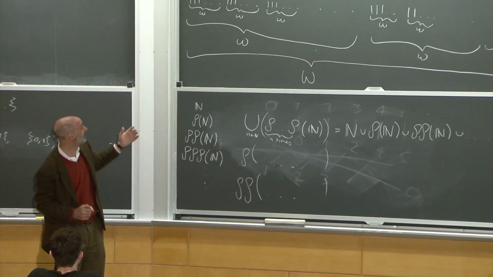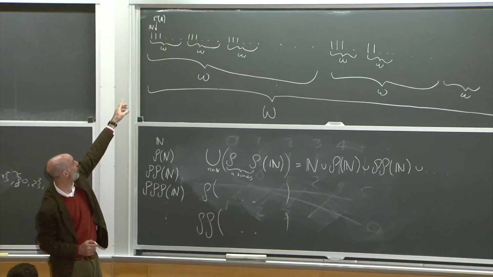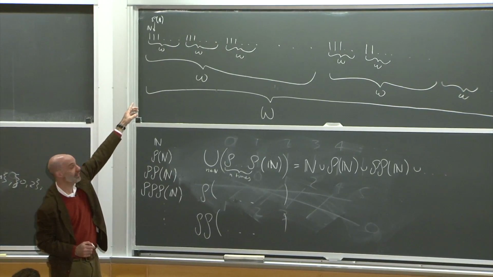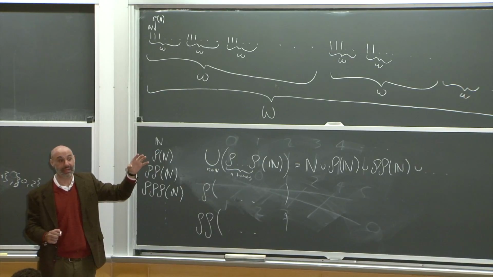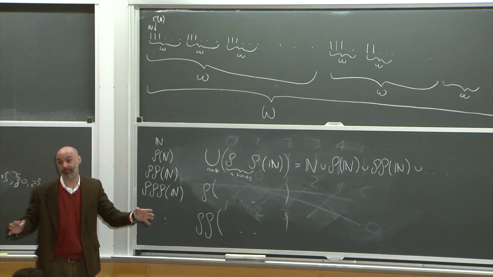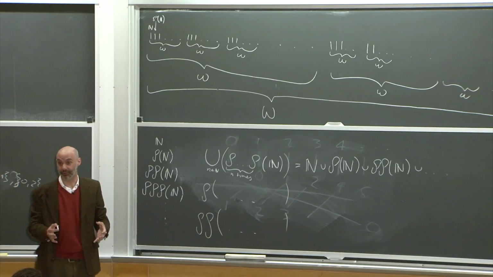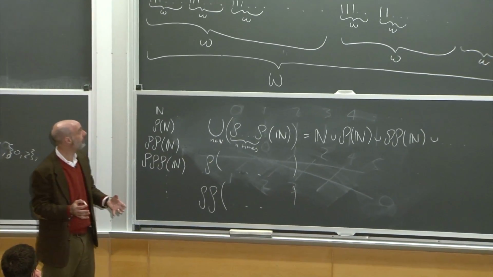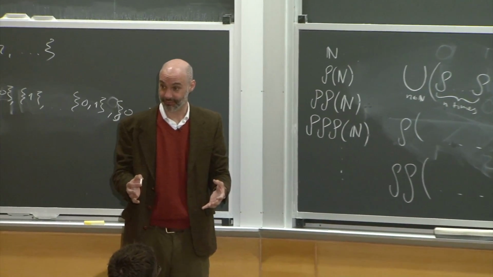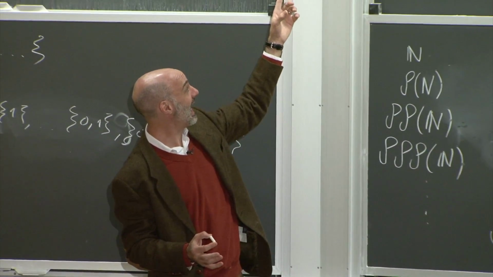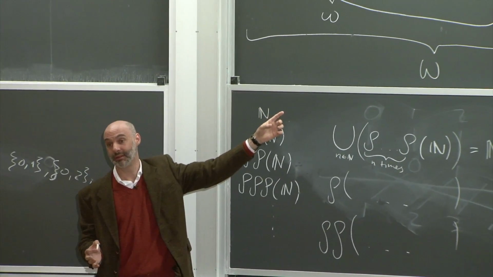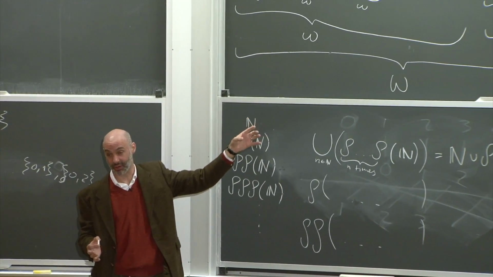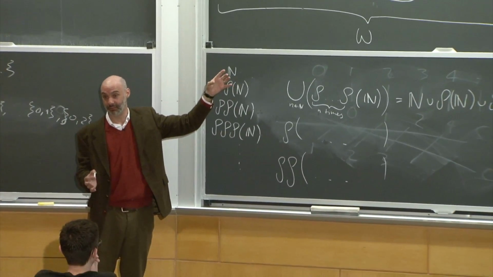And then at limit levels, in other words, when you have an item that comes after an omega sequence, you pool together the members of everything you had before. That procedure is going to guarantee that at each point of that order type, you have something bigger than what you had before.